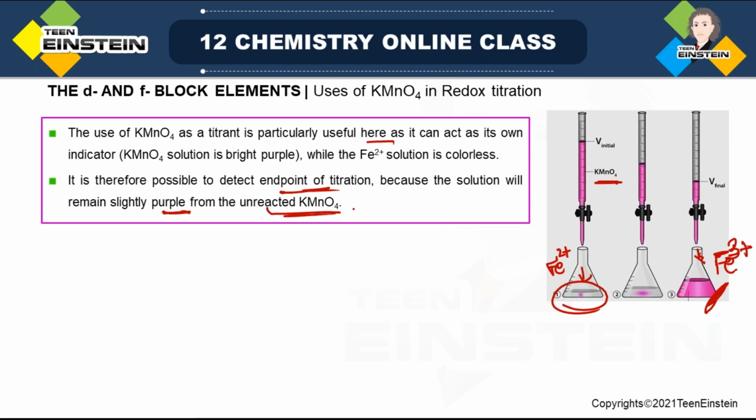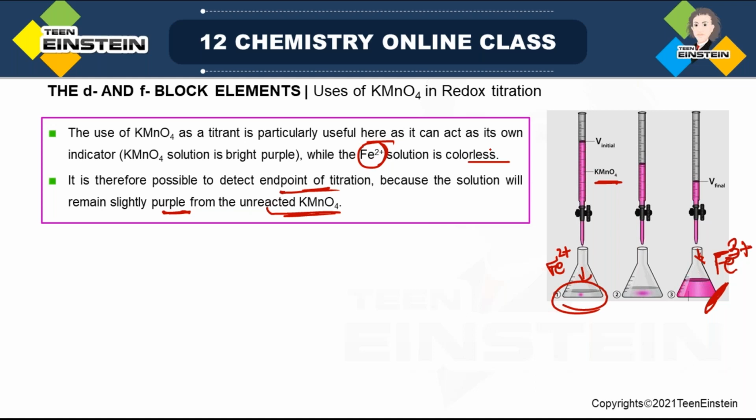And this type of reaction is possible because the other reaction partner, Fe2+, is itself colorless. Suppose Fe2+ also had some color and KMnO4 also had some color, then there would be some confusion. But in this case, A plus B, A is KMnO4, B is Fe2+. B has no specific color, but A has a specific color.